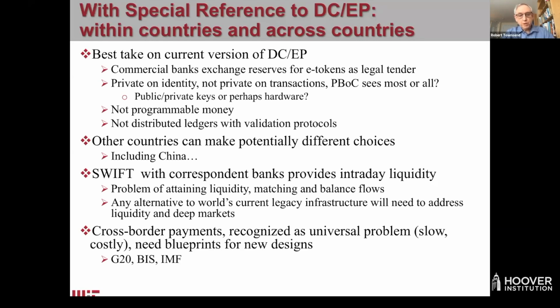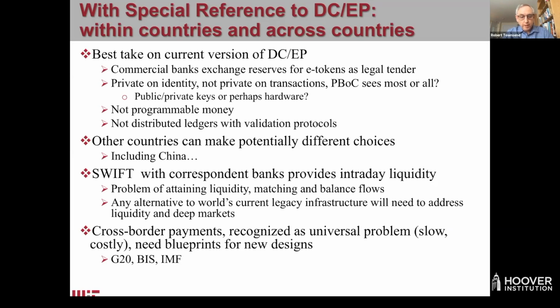So across countries, I want to focus on SWIFT, which is the predominant current legacy infrastructure using correspondent banks to transfer liquidity across countries intraday. It has to solve the problem of obtaining liquidity by matching and balancing flows, and likewise any alternative to such legacy infrastructure will need to address these problems of having liquidity and deep markets.